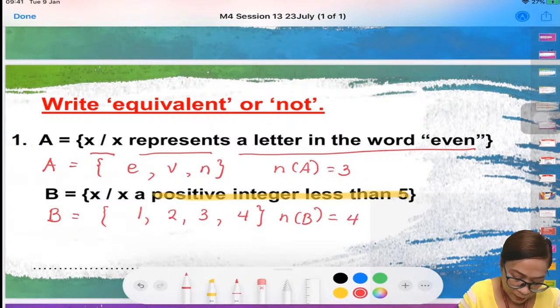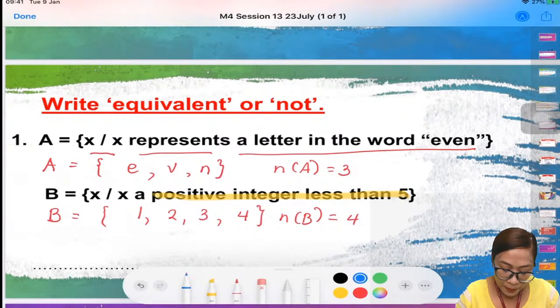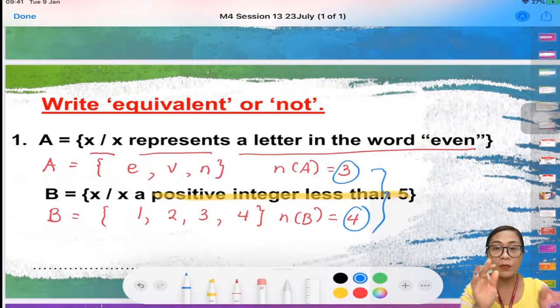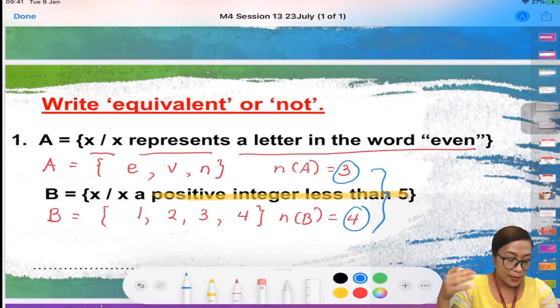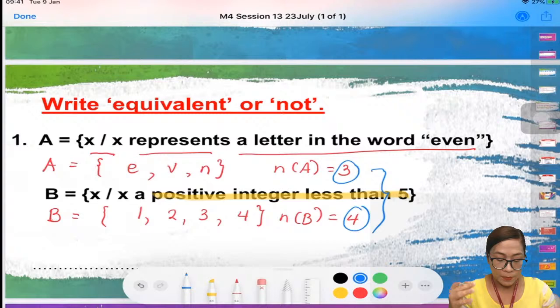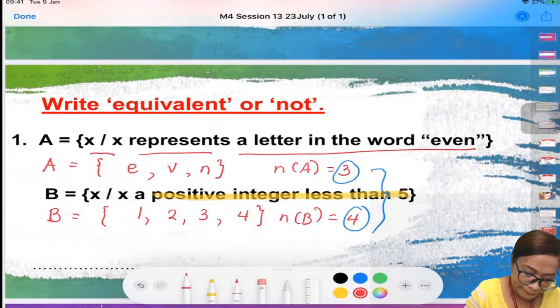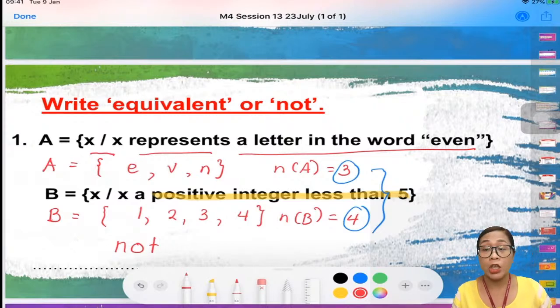So 4. If you say 3 and 4, they don't have the same number of elements. Set A and B don't have the same number of elements. So in this case, number 1, the answer is they are not equivalent, or just write the word not, because they don't have exactly the same number of elements.